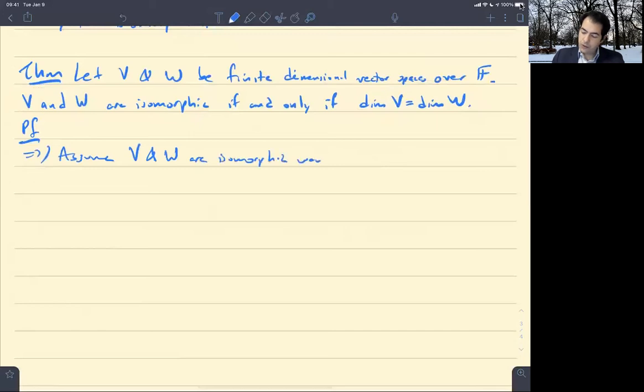We want to show that the dimension of V is equal to the dimension of W. What does it mean for V and W to be isomorphic? It means that there exists an isomorphism between them. So our assumption is that there is a linear map between V and W that is an isomorphism.